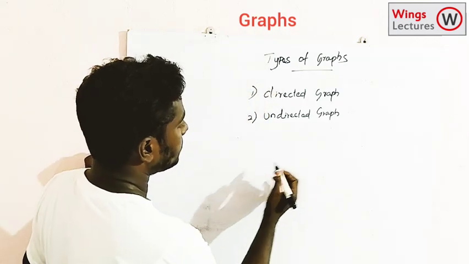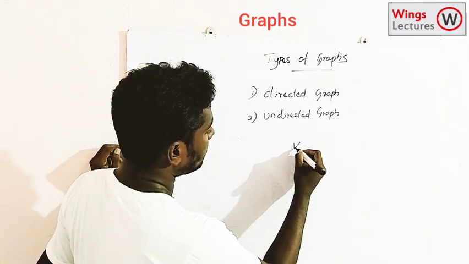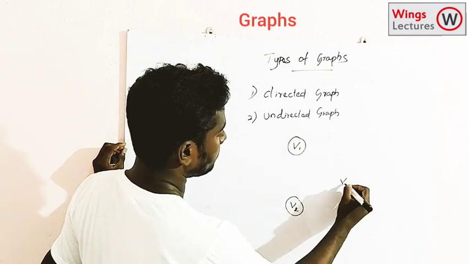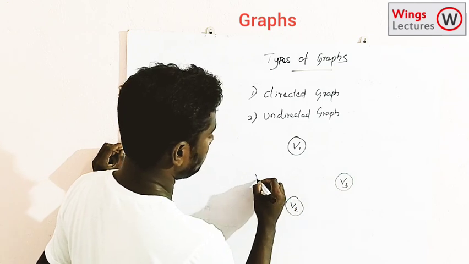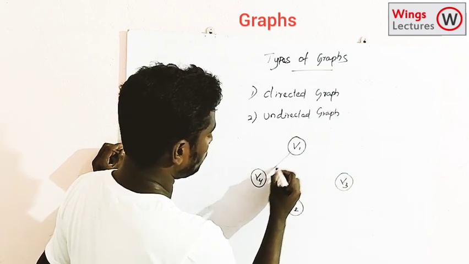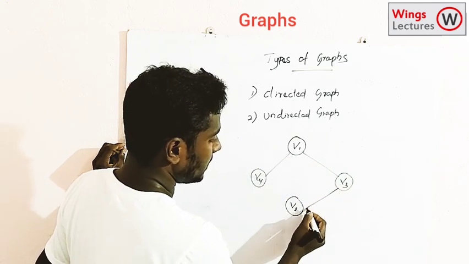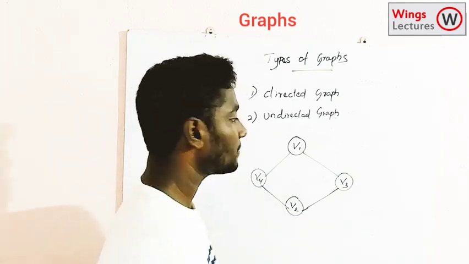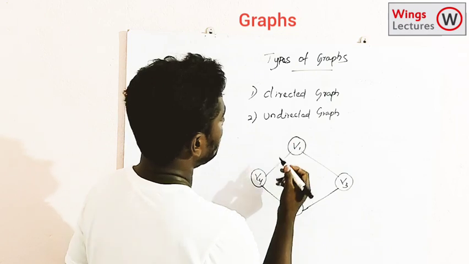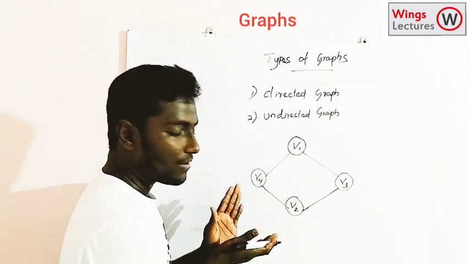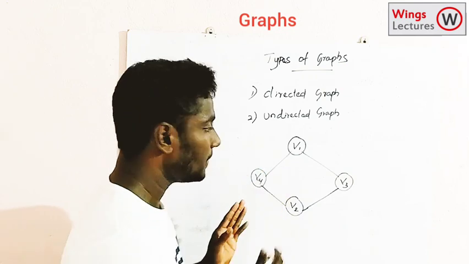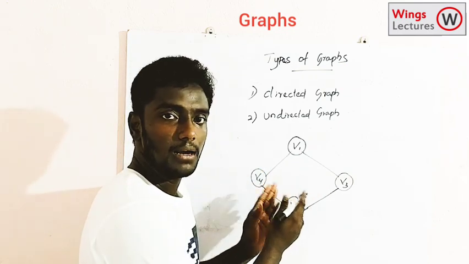See, for the diagram, v1, v2, v3, v4. We can use any name for the vertices. And see, it's a graph, right? There is no direction between these vertices.